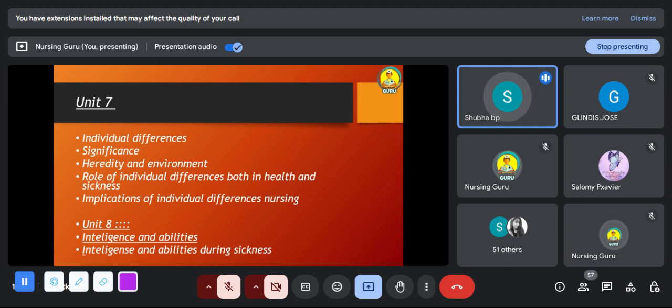So coming to the next, unit 7. In unit 7 you are going to study individual differences. As an individual, the mindset will be different, behavior will be different, characteristics will be different. From person to person there are no similar characteristics.